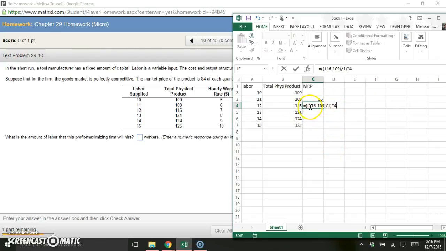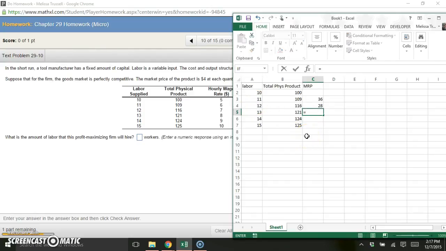But really all we've done is say our new number of products is 116, our old number of products is 109, so we increased by 116 minus 109, which is just 7 products, right? And then we multiply that by the price, which is the same thing we did up above. So from hiring our 12th worker, we make a new $28. So that's our marginal revenue product for the 12th worker.